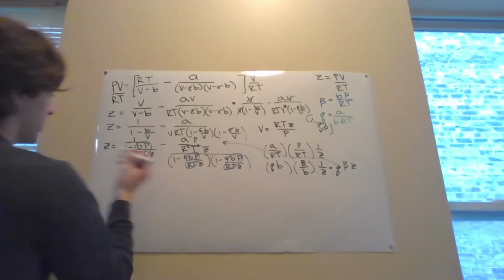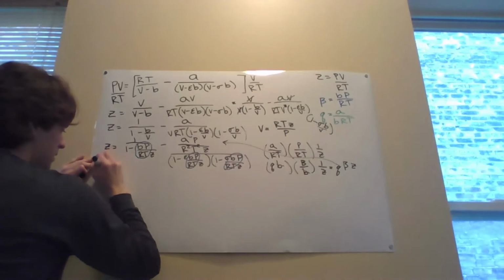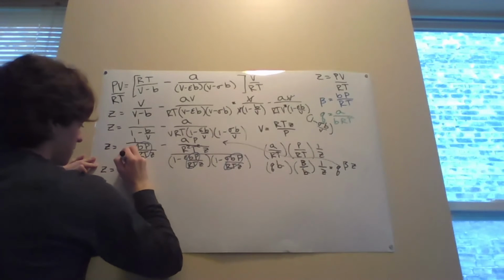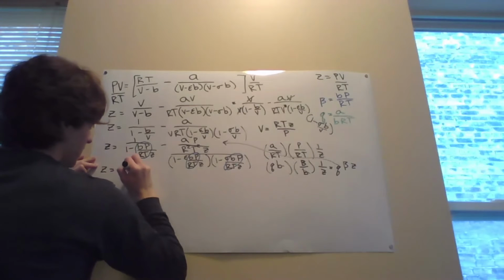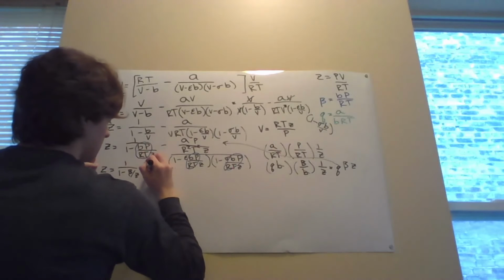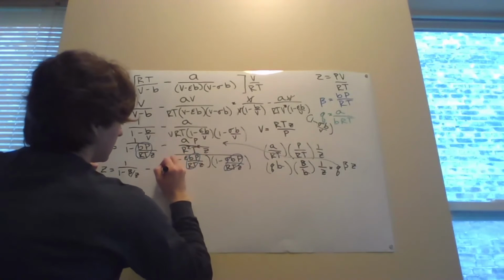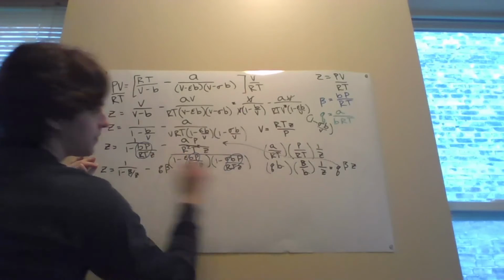So now I'm going to rewrite this equation again with beta and Q substituted in. So we have Z equals 1 over 1 minus beta over Z, minus this numerator is Q beta. I messed up over here.